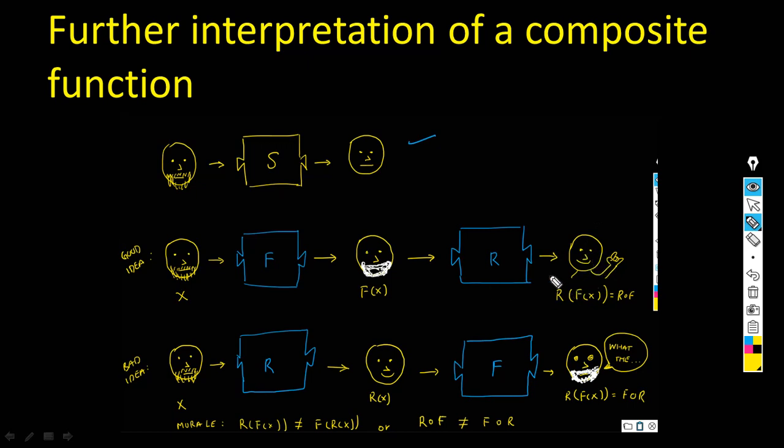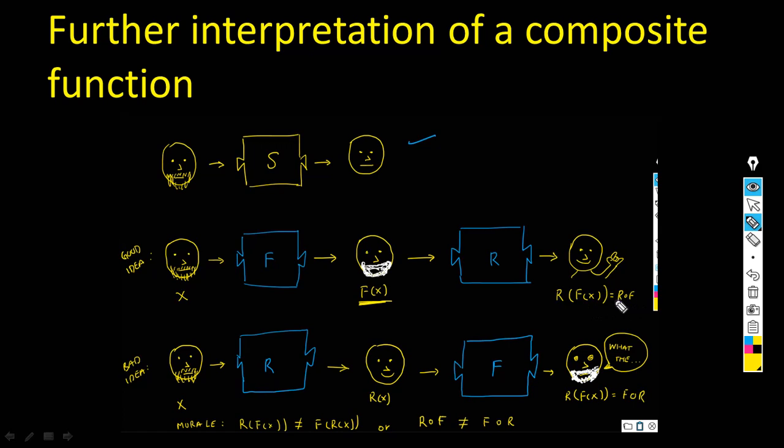So this is represented in this way. The function r takes as input this value f of x. This is the input for r, and r is going to output r evaluated in f of x, which is nothing but r composed with f, or r circle f.